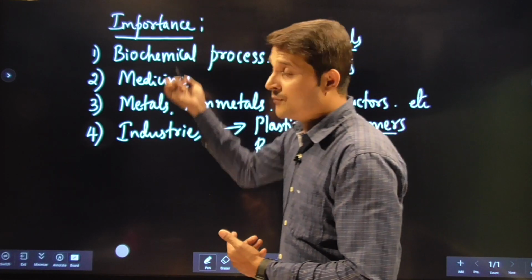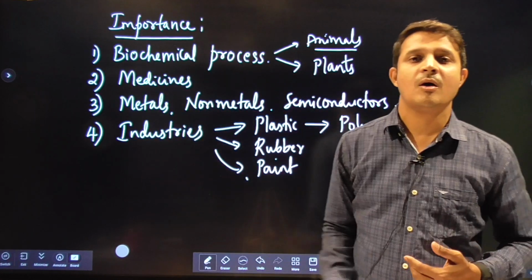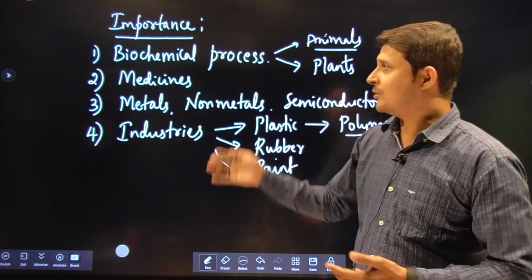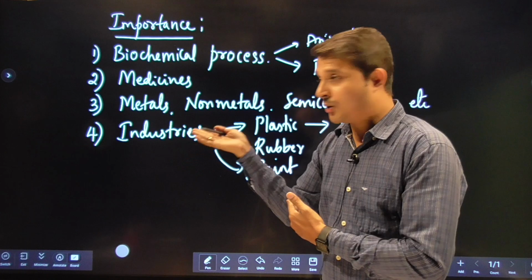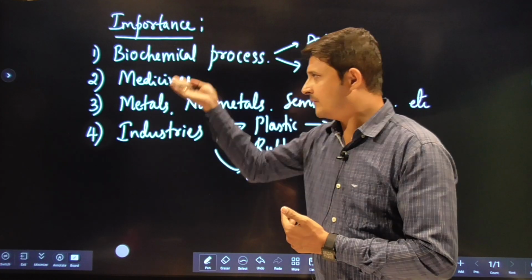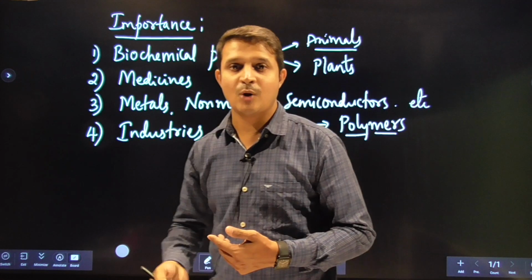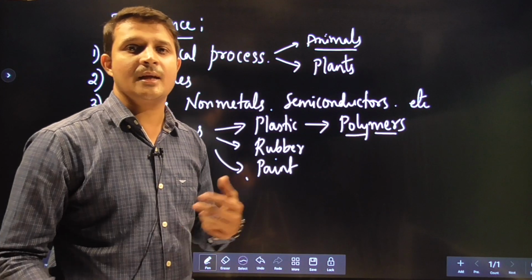So these are a few importances. There are many kinds of applications of chemistry. So we have noted down these few importances. That's it. Okay. I hope you are clear why we are going to study chemistry.